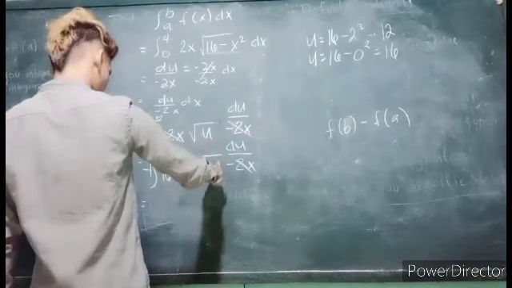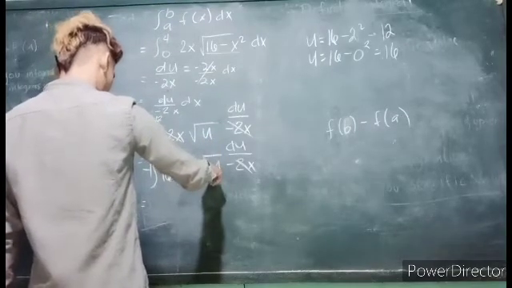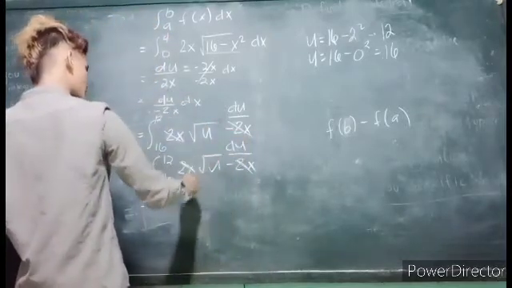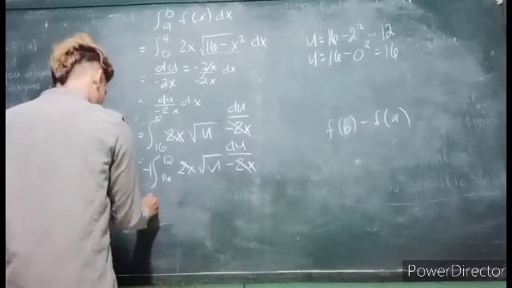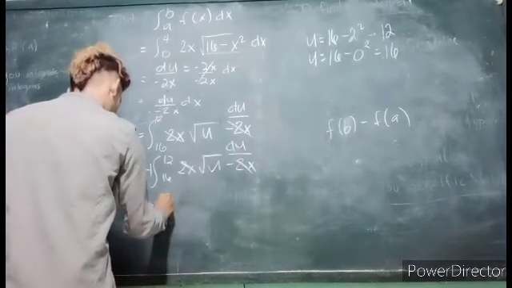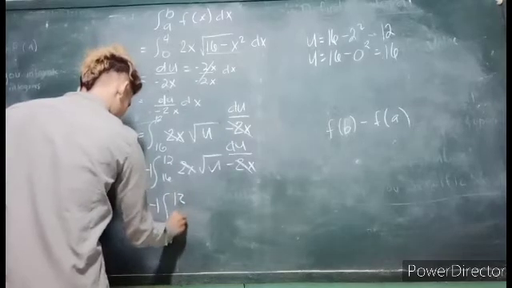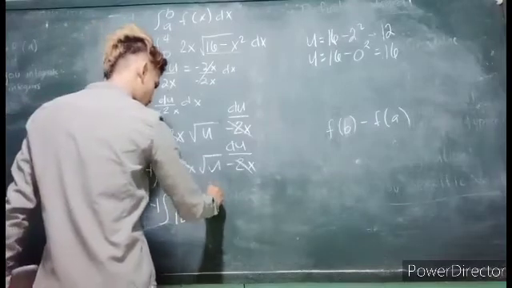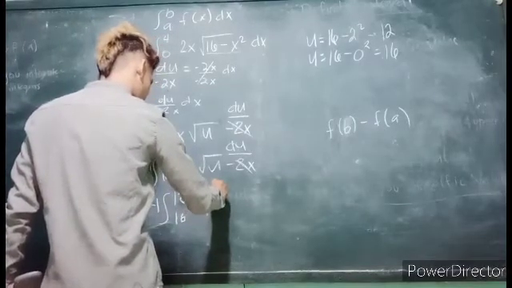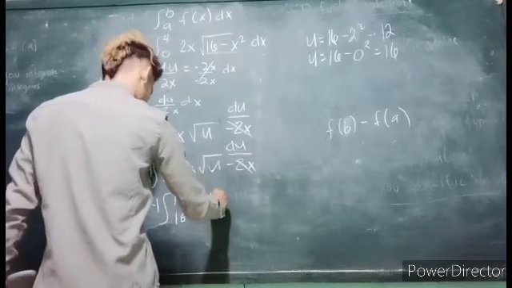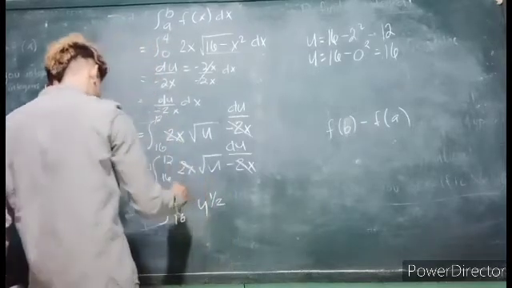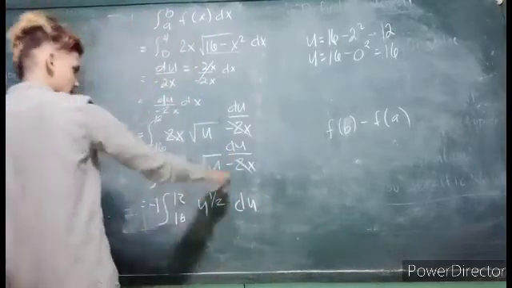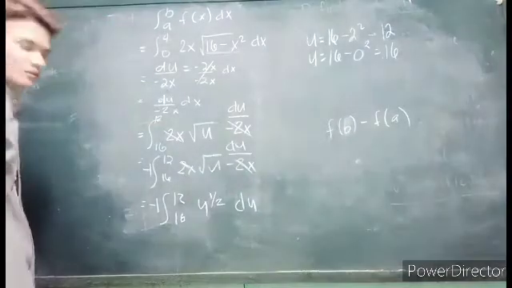The square root of u is u raised to 1/2. So negative 1, copy 12 and 16, u raised to 1/2 du.